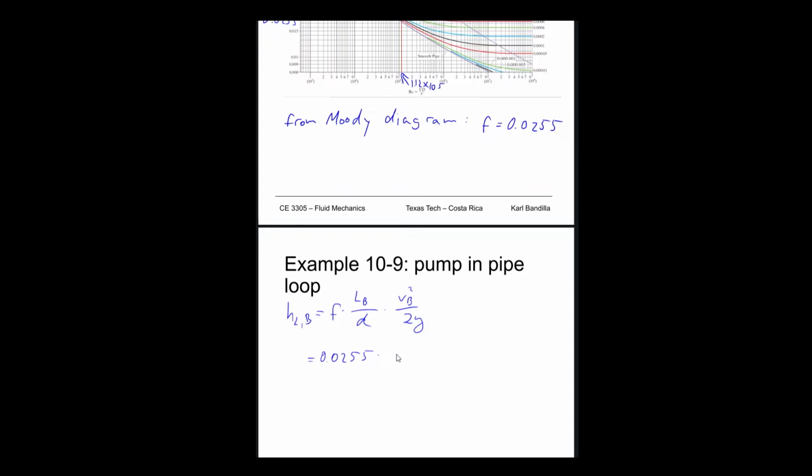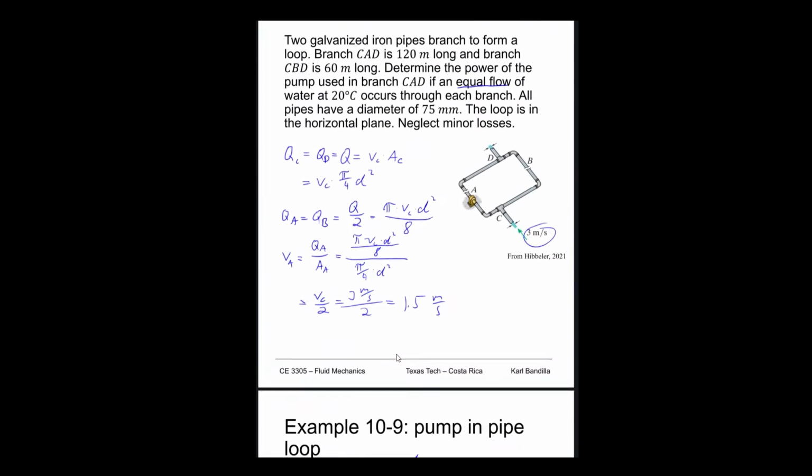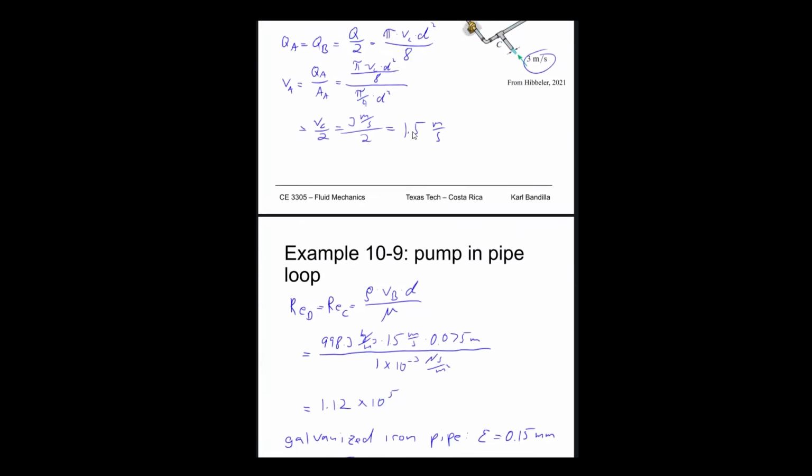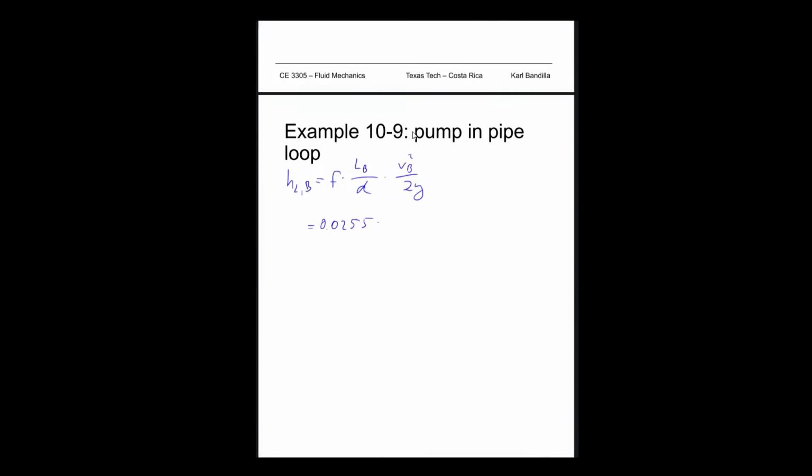0.0255 times the length in the longer direction where our pipe was 120 meters. Long pipe. 120 meters divided by the diameter, which was 75 millimeters, times VB was 1.5 meters per second, squared, divided by 2 times 9.81 meters per second squared.